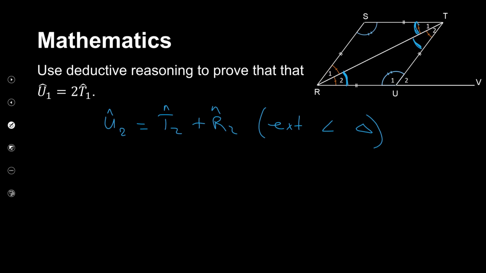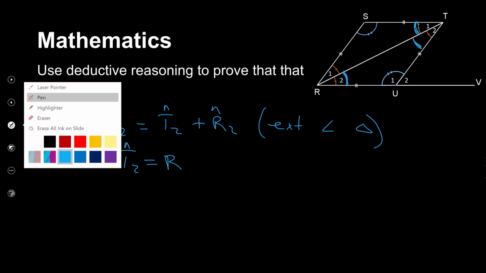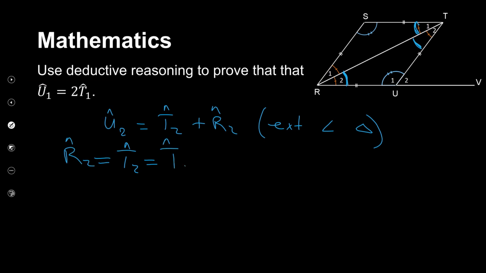And then from there, what do I know? I know that R2 is the same as T2, which is the same as T1. This is the same as T1, and this is because of alternate angles, because ST is parallel to RU.